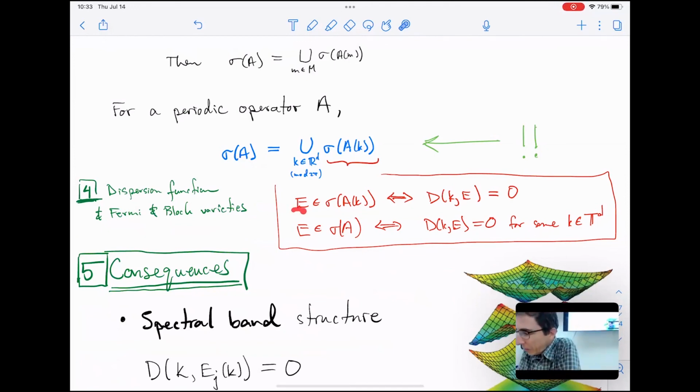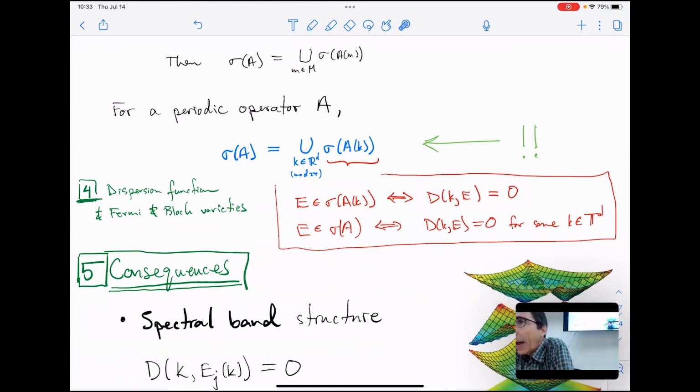We said, basically, that if I look at A on a particular momentum space, then E will be in the spectrum of A on that momentum space if and only if a certain function is equal to 0. That was the determinant of a certain matrix.